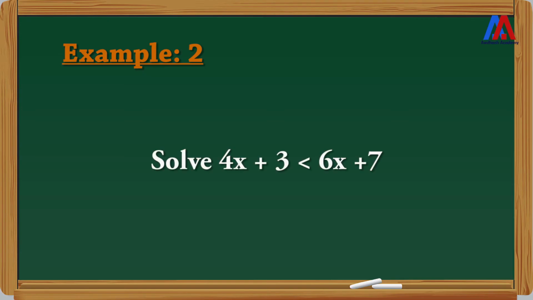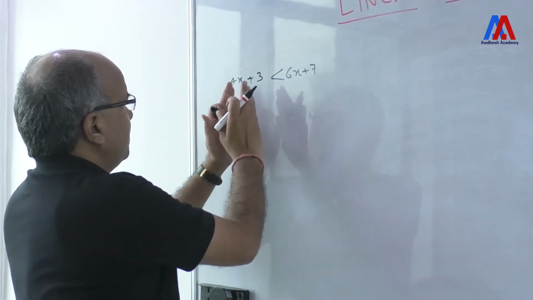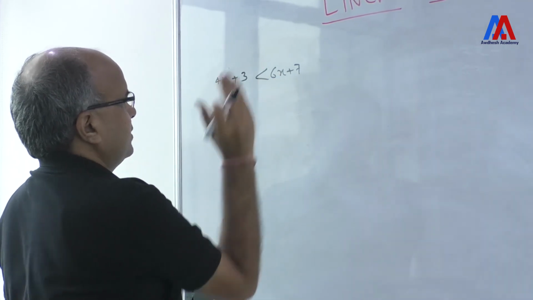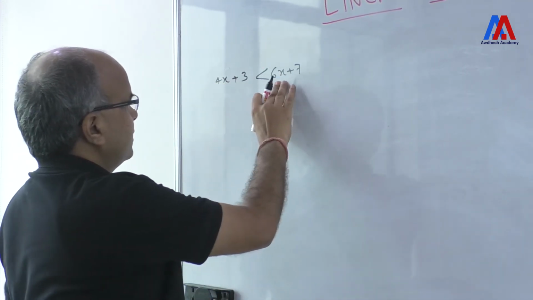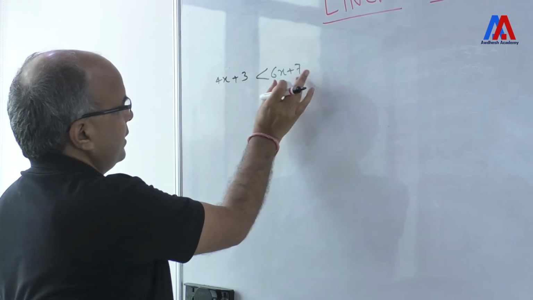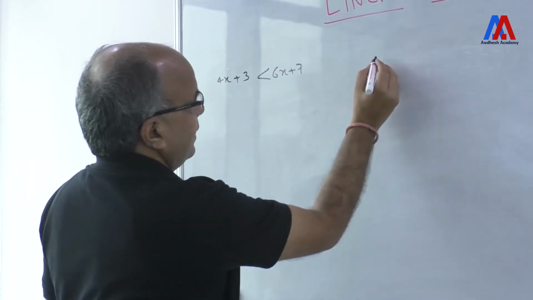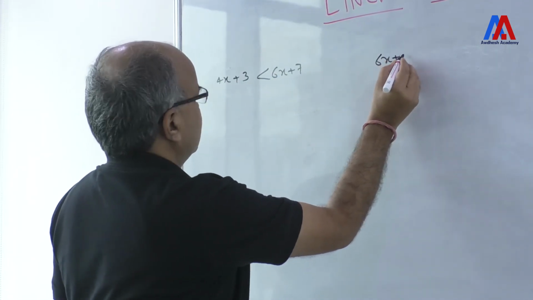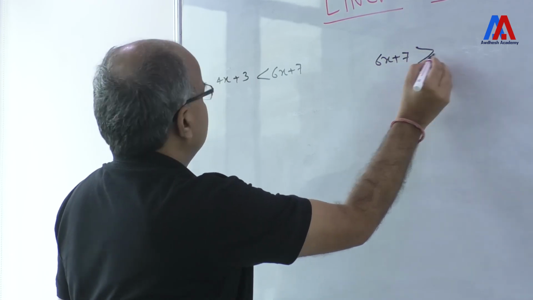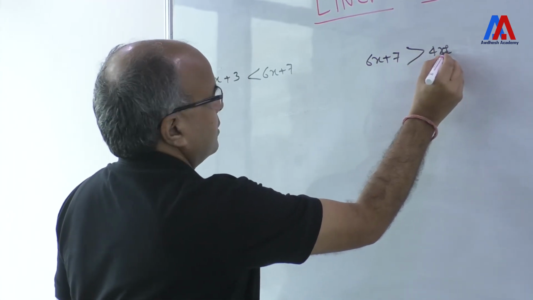Let us now solve problem number 2. You have to solve 4x plus 3 less than 6x plus 7. So you are given that 4x plus 3 is less than 6x plus 7. Here we see that 6x is greater than 4x, so we take this on the other side. We can write 6x plus 7 is greater than 4x plus 3.